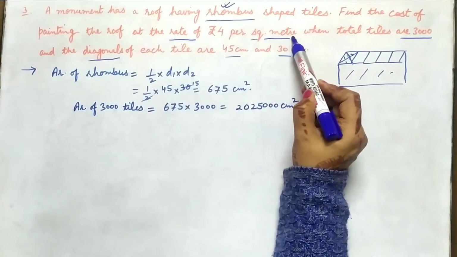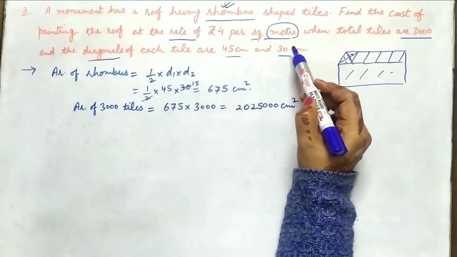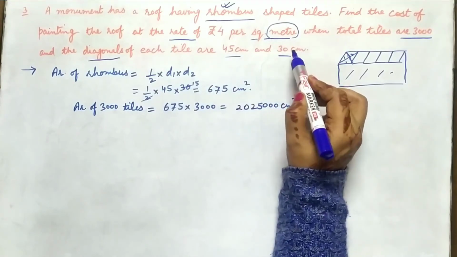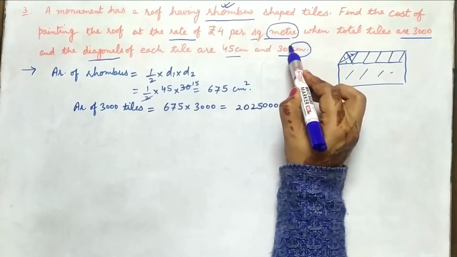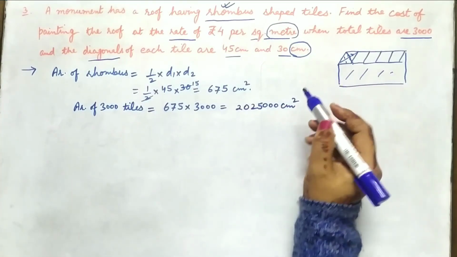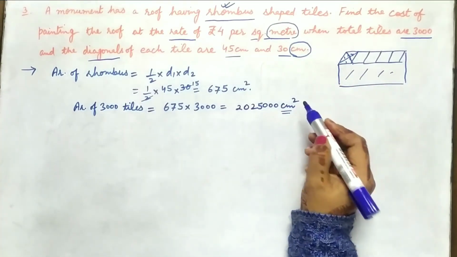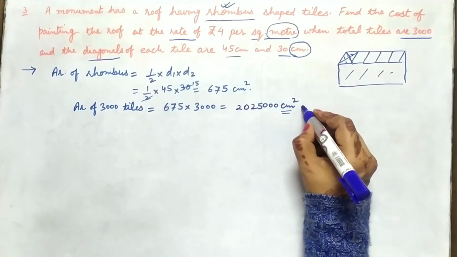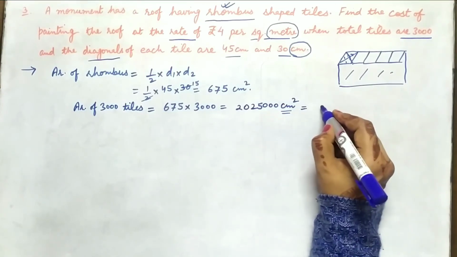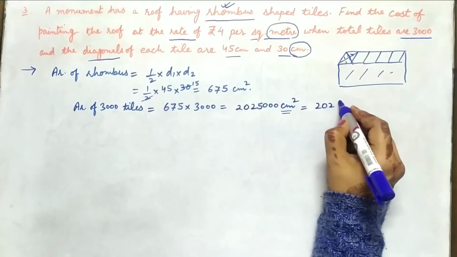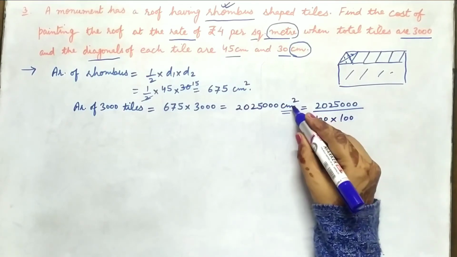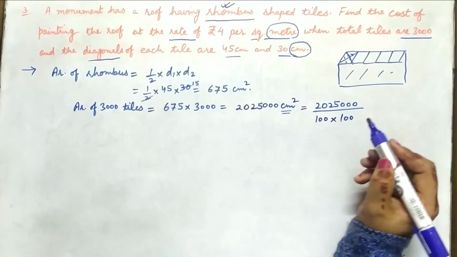Here unit is very important. The cost is given for meter square, but the tiles were given the diagonal in centimeter. So we have to convert this centimeter square into meter square by dividing. We divide the given value with 1 centimeter is equal to 1 by 100 meter.